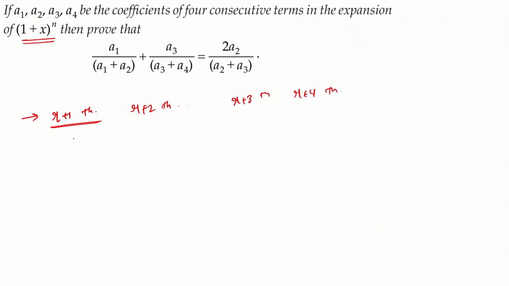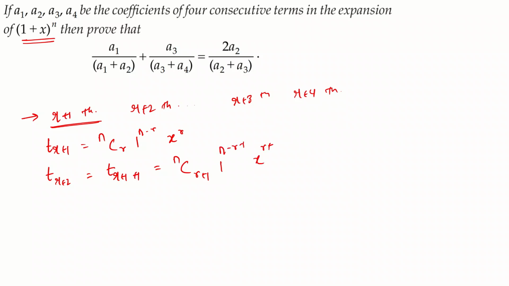So what is the value of this T r plus 1? It is n C r times 1 to the power of n minus r times x to the power of r. Similarly, T r plus 2 can be written as T (r plus 1) plus 1. So we can write it down as n C r plus 1, then 1 to the power of n minus r minus 1 and x to the power of r plus 1.